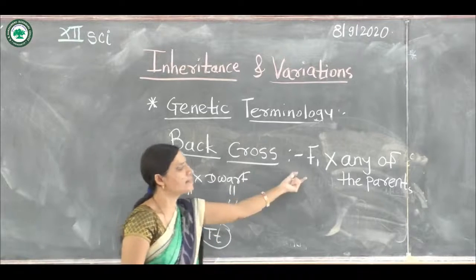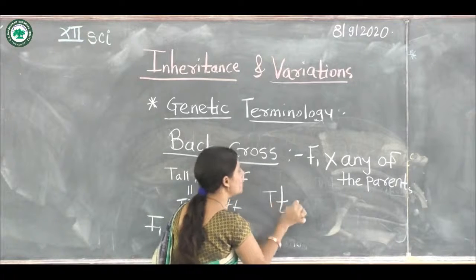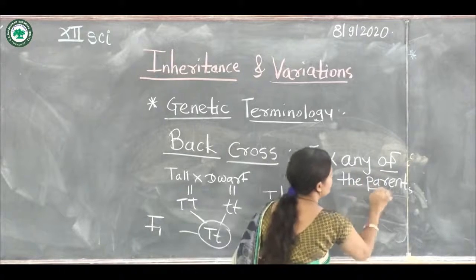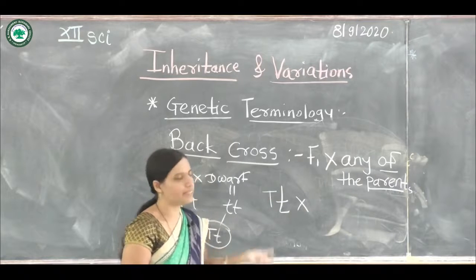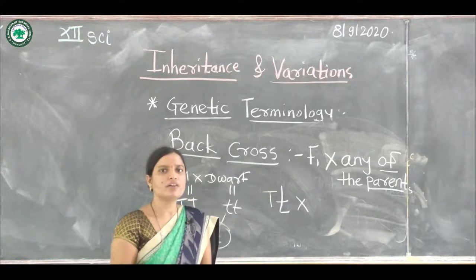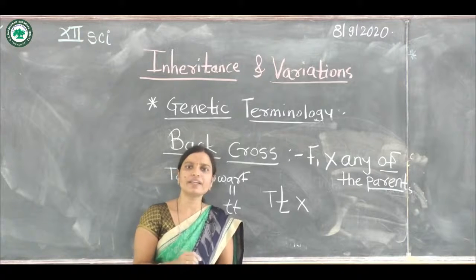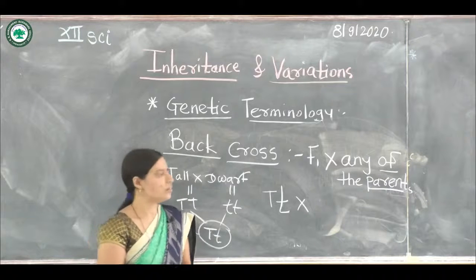This F1 is crossed with any one of the parents. The parent may be dominant or recessive. Dominant traits are, for example, tall, round, yellow, and recessive traits are dwarf, wrinkled, green.